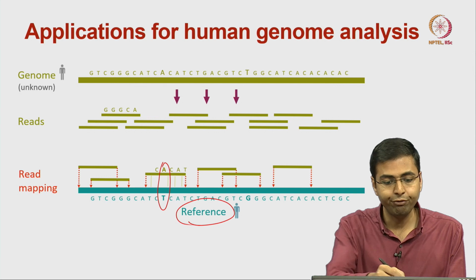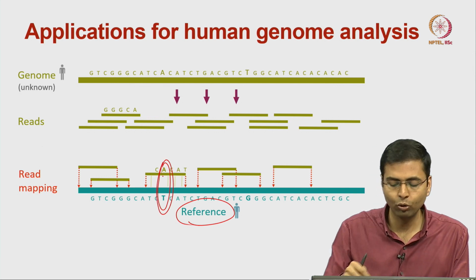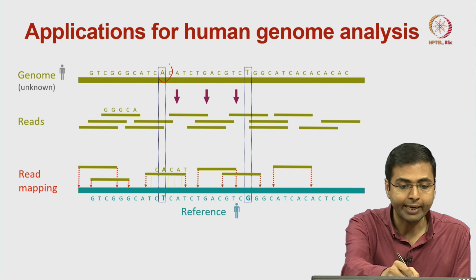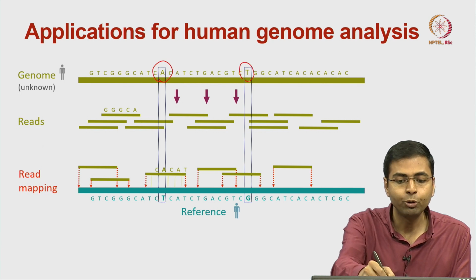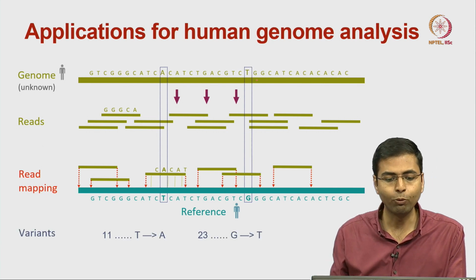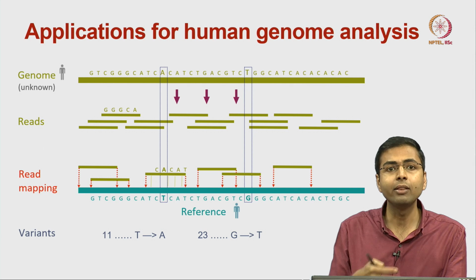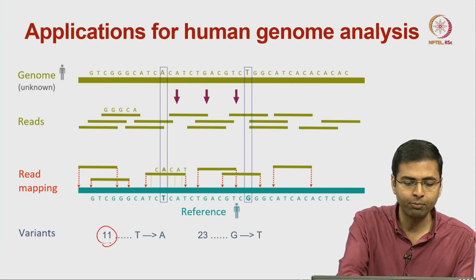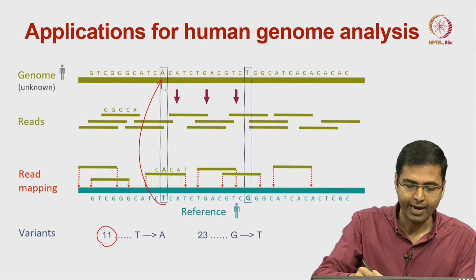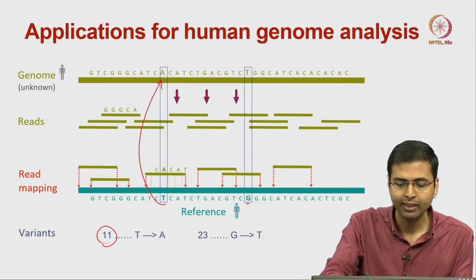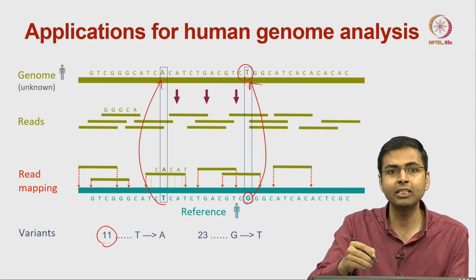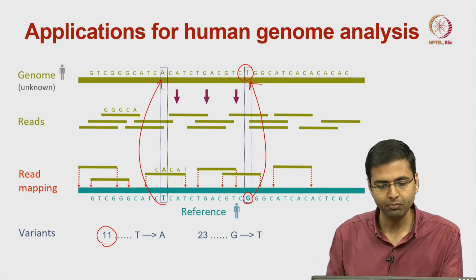So, from the differences in the read alignments, we would know that the underlying target genome had mutations at 2 positions. We would call these mutations and say that at position 11 there is a mutation from T to A, and similarly at position 23 there is a mutation from G to T, based on these read alignments.